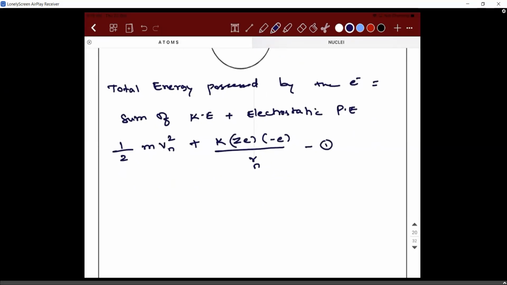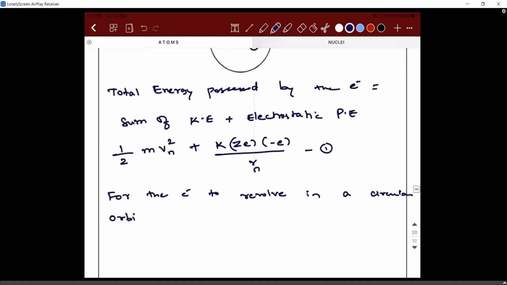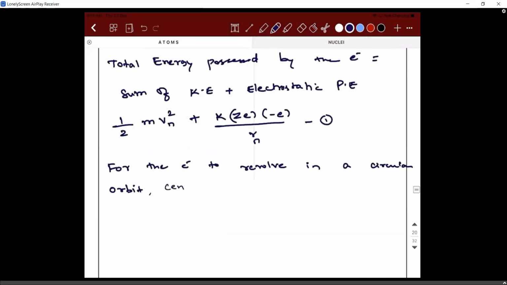Now we know the fact that for the electron to revolve in a circular orbit, centripetal force is required. So what is going to be the centripetal force?